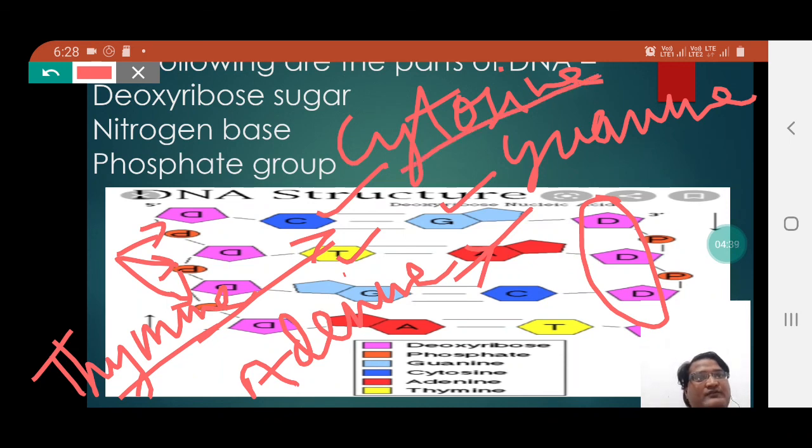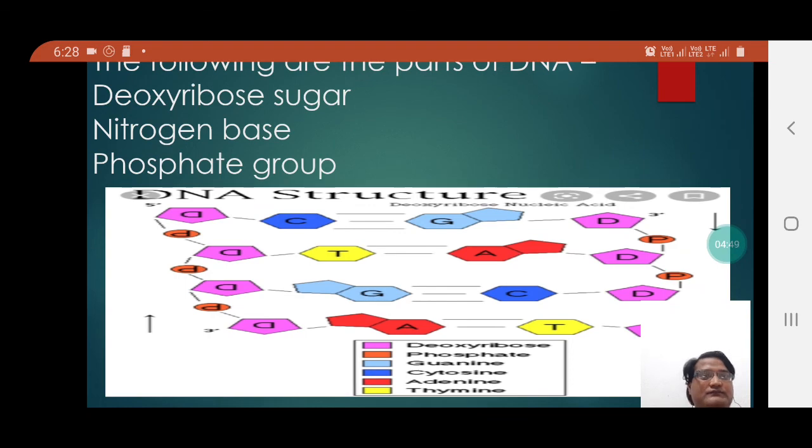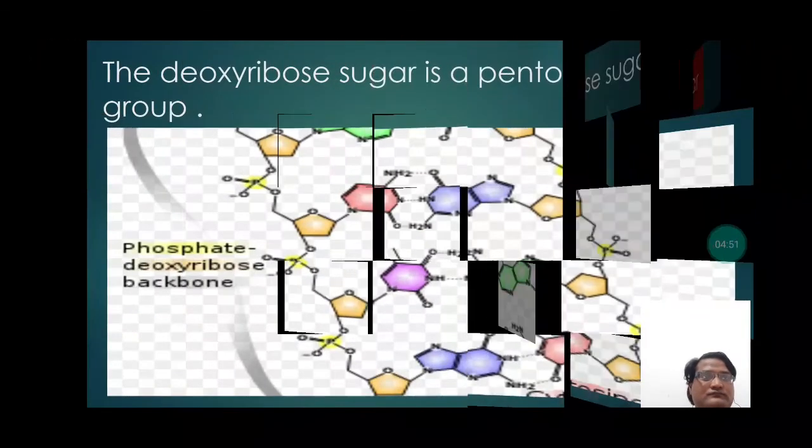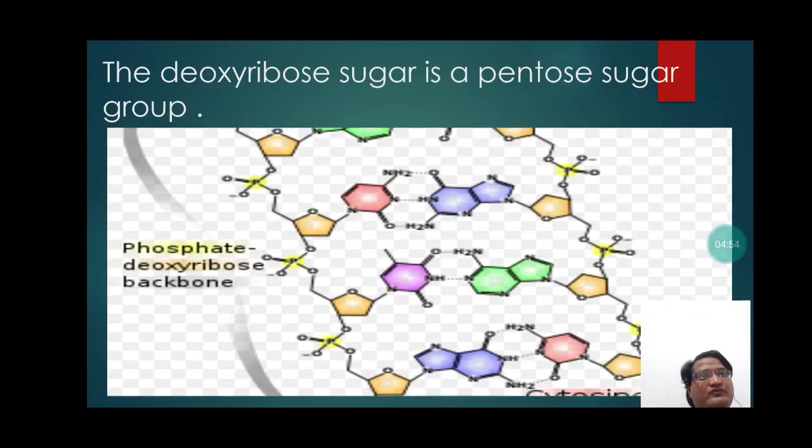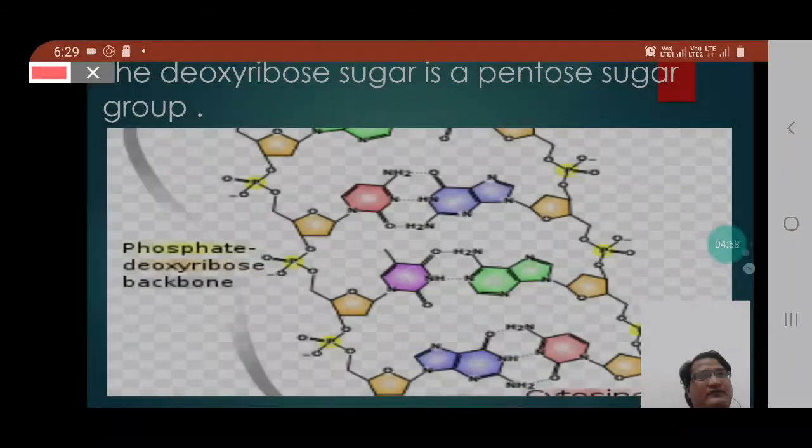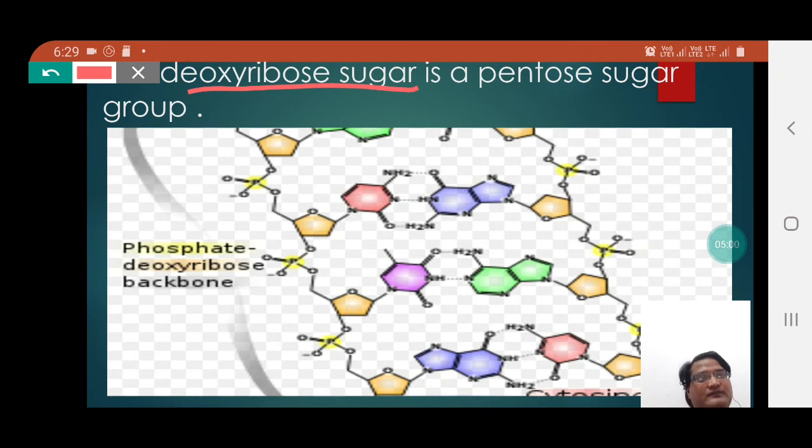So students, cytosine, guanine, adenine and thymine form the nitrogen base of the DNA. The deoxyribose sugar is a pentose sugar group. Since deoxyribose sugar actually is made up of pentose, that is a 5 sugar group.